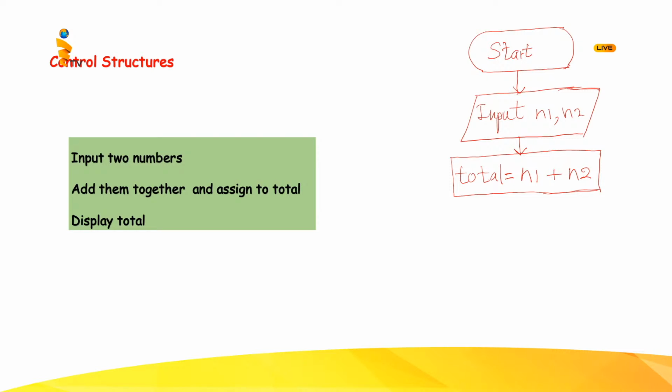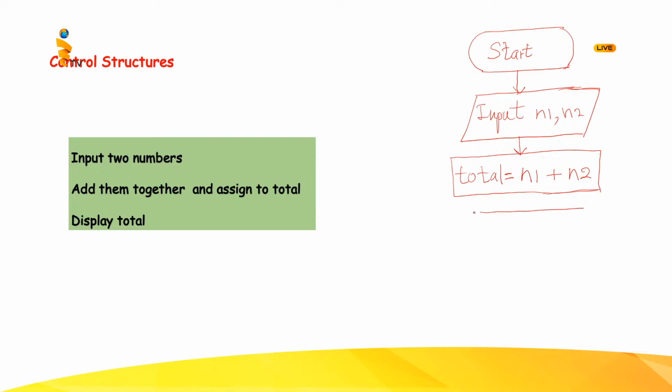Now, as my last step, I have to display. Now, the total is inside the computer. We can't see that. So, we have to tell the computer, please display me the total. So, how can I say that? I have to indicate it also using an output symbol.